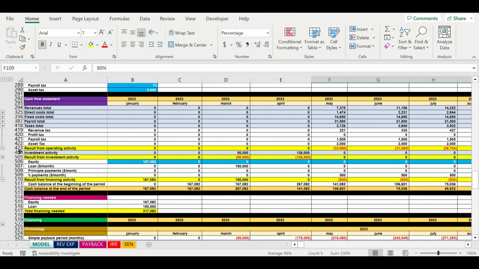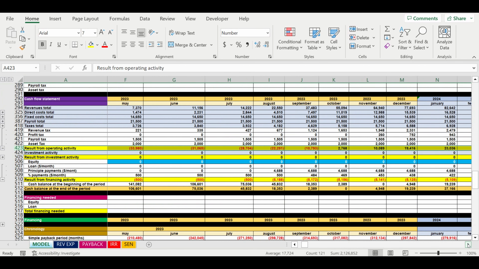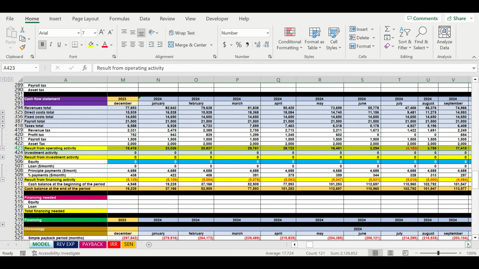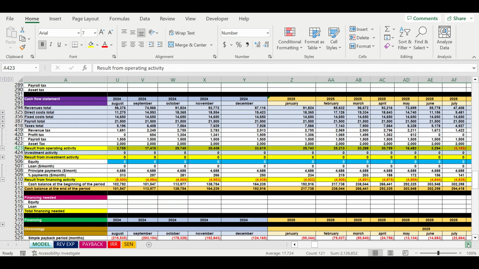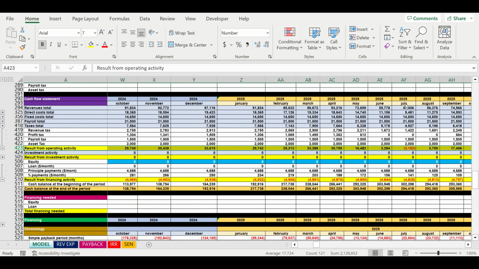So for example, if we go to the cash flow statement, we can see that in July we have operating losses, and we need to be prepared for these losses.